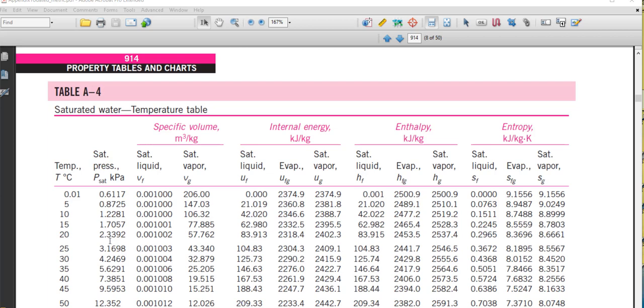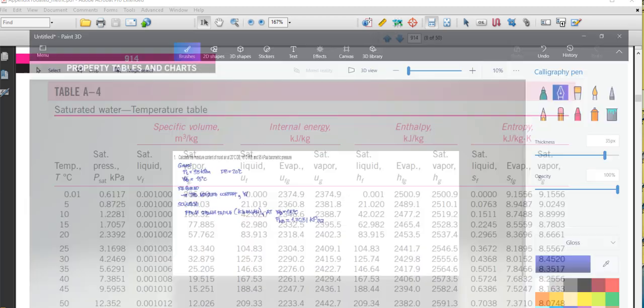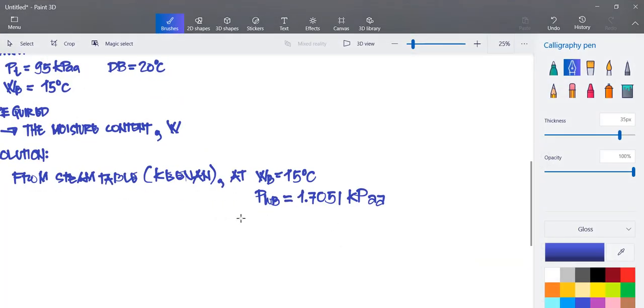Okay, anyway, so continuing to the solutions, kanina we'll be using the 1.7051 kPa, no? So for the solution, solving for your total partial pressure, this is your PT, no?